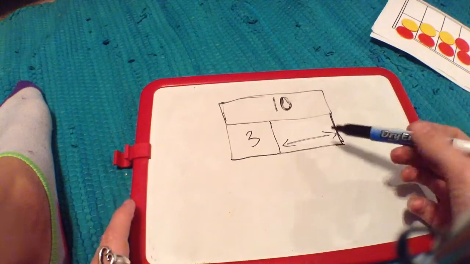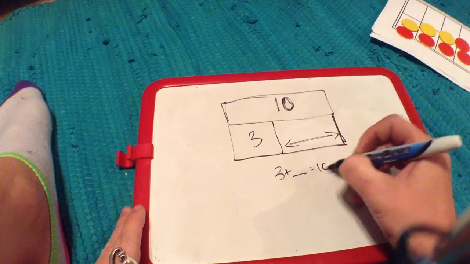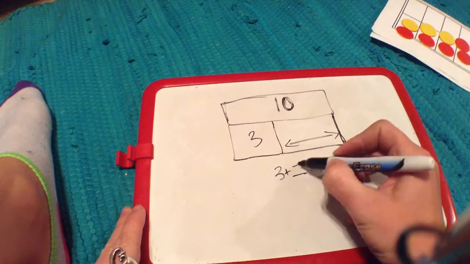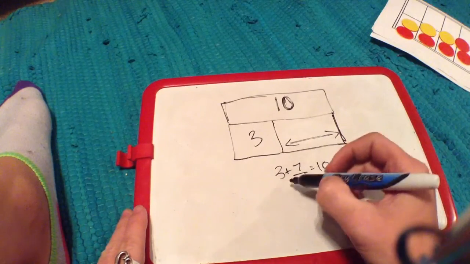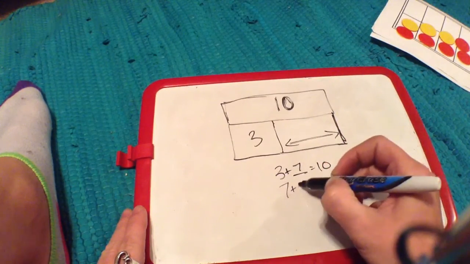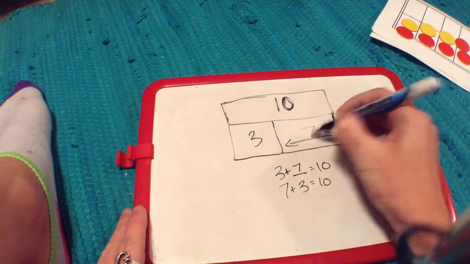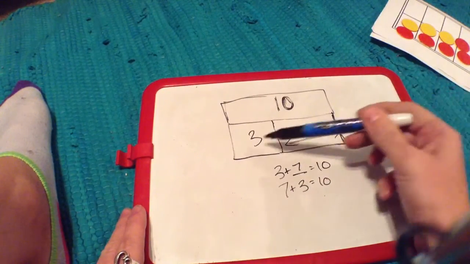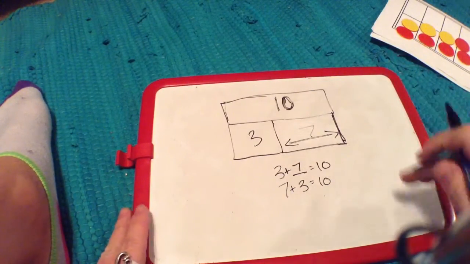Now we can say 3 plus what equals 10, which we figured out. That was 3 plus 7 equals 10. And we could flip our add-ins, because we're adding 7 plus 3 equals 10. This is 10, no matter which way we do it. 3 and 7 together is 10, or 7 and 3 together is 10.